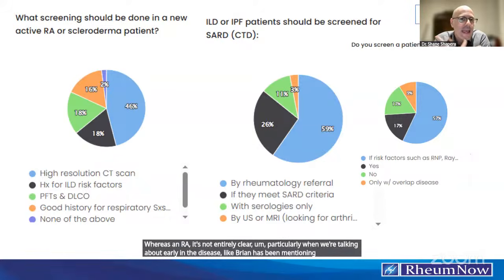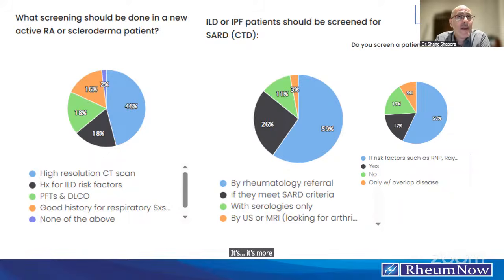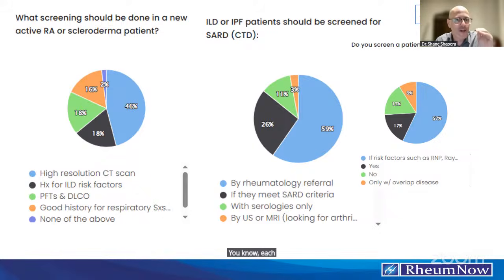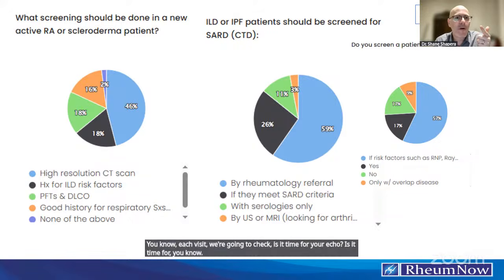Some diseases we should have tick boxes, right? You come to clinic and we make sure we do all the things. Each visit we check: is it time for your echo? Is it time for a COVID vaccine? There are all these things you're supposed to be doing regularly each year. Whereas in other diseases, it's going to be more nuanced.